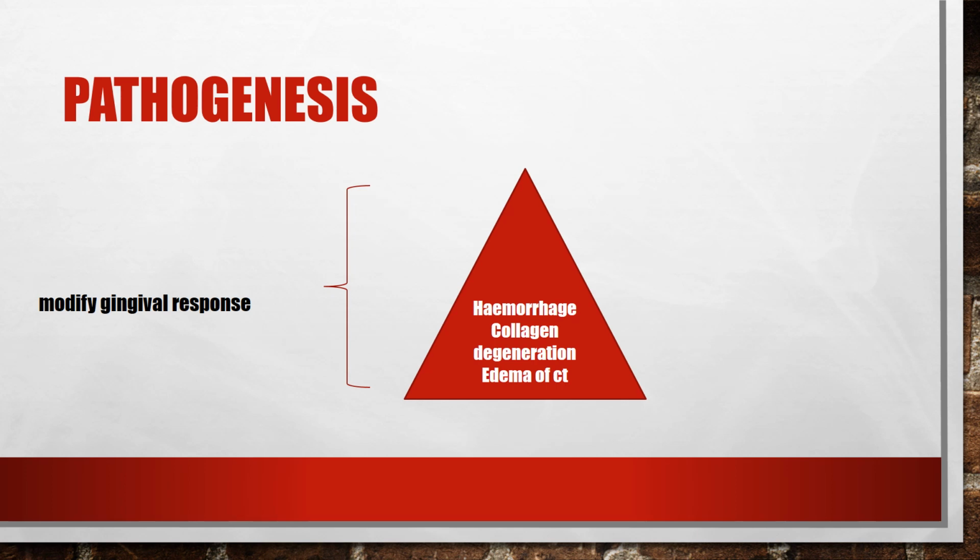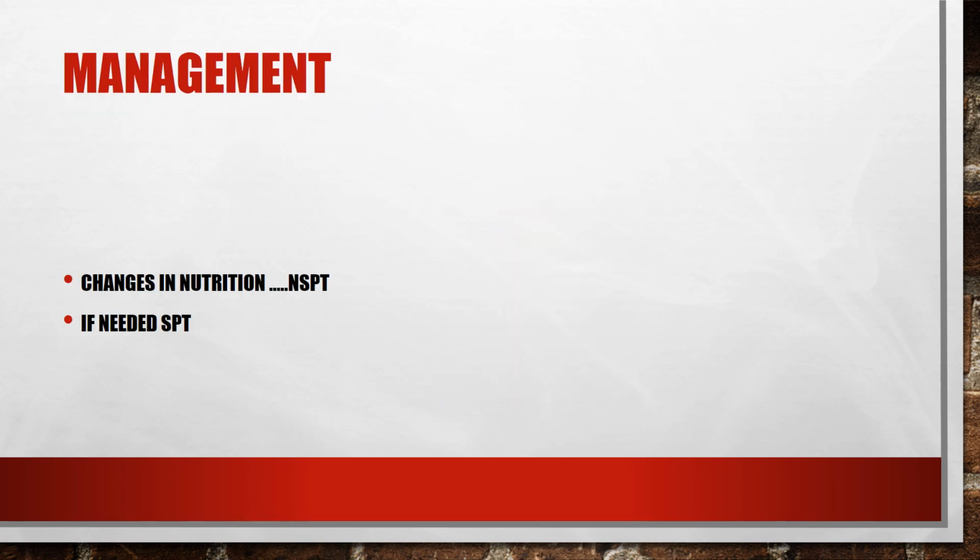So the pathogenesis, as we said before, has three main factors associated with vitamin C deficiency: hemorrhage, collagen degeneration, and edema of gingival connective tissue. Management, as we know, is for vitamin C deficiency, so dietary counseling, that is, changes in nutrition; you have to include more vitamin C containing food, along with non-surgical periodontal therapy, that is, removal of causative factors, and if needed supportive periodontal therapy.